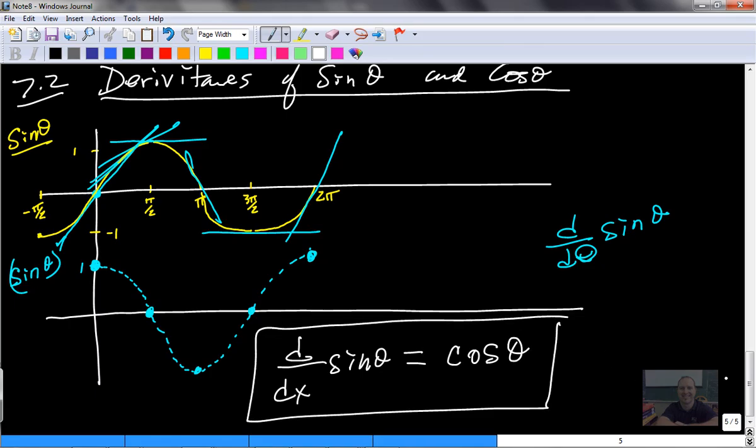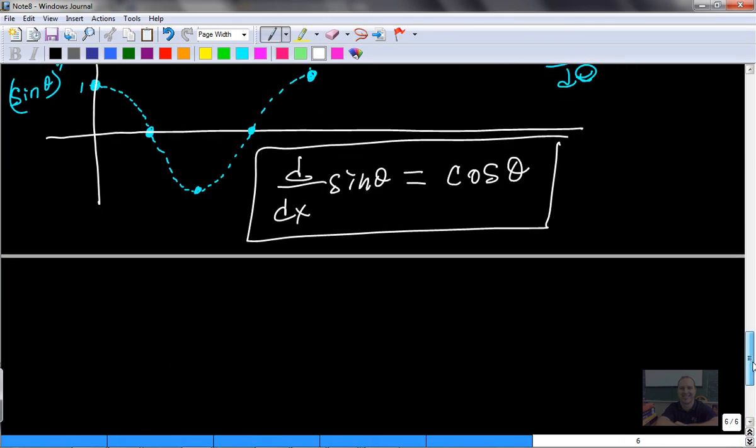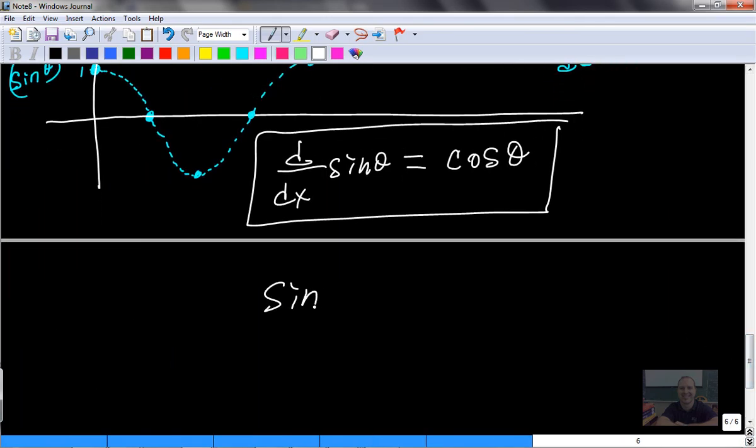Very important. You'll see me write this sometimes, sine theta prime equals cos theta. Some people don't like that, but I don't mind. The derivative of sine is cos.